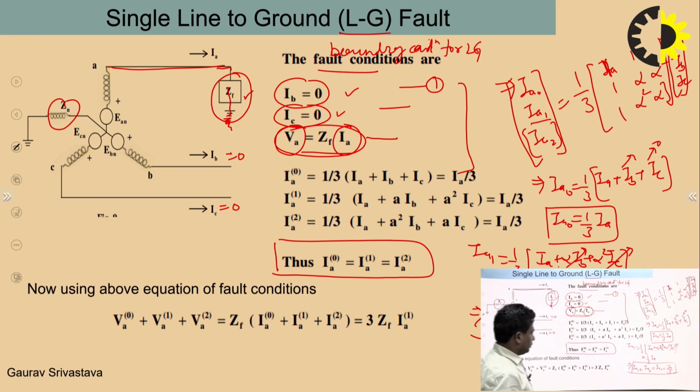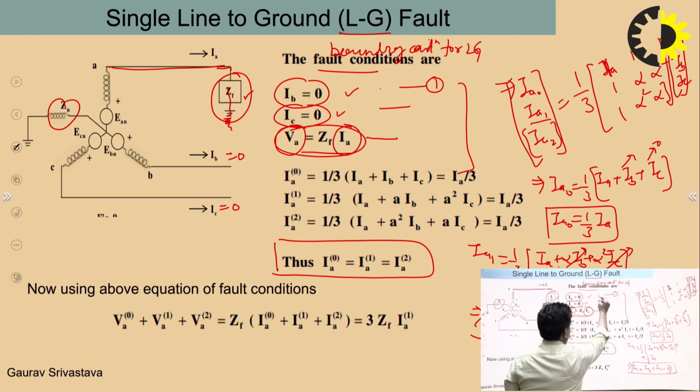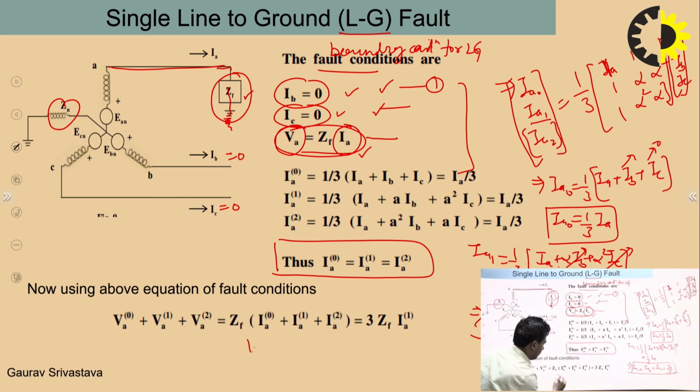Now we are using this equation, that is VA. When we talk about the phase value, VA becomes VA0 plus VA1 plus VA2.